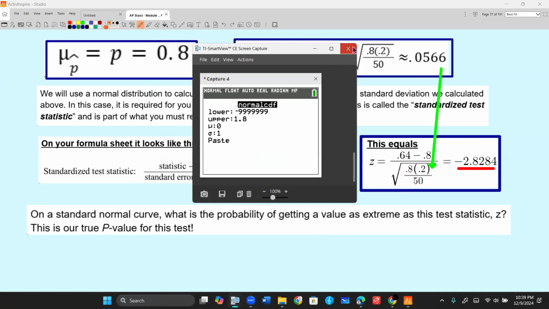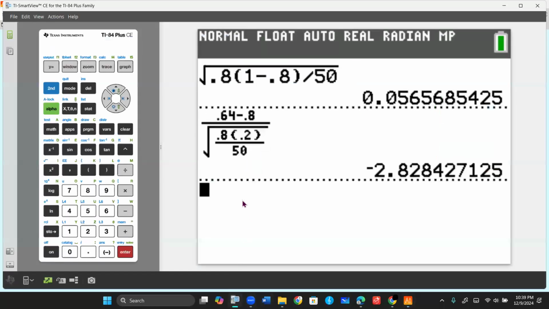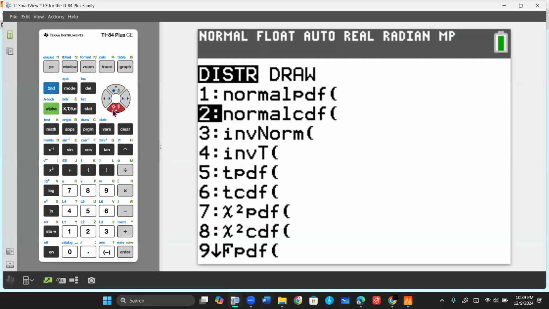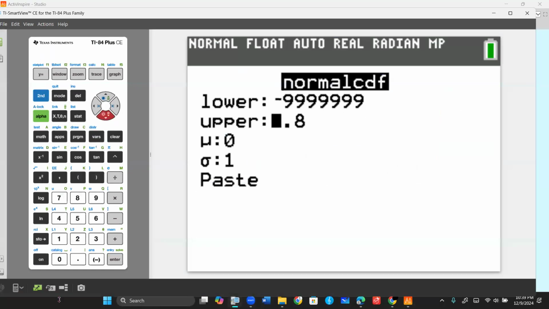Remember, our p-value is the probability of getting a sample as extreme as that, assuming the null is true. So if I'm calculating the probability of getting a value as extreme as that, I'm going to go into my normal CDF. And since my z-score was negative 2.8284, I'm going to calculate a normal distribution.